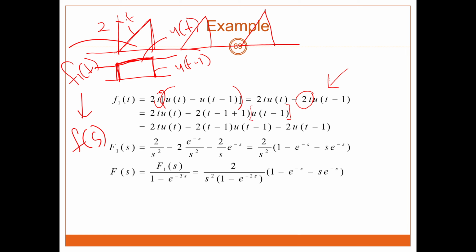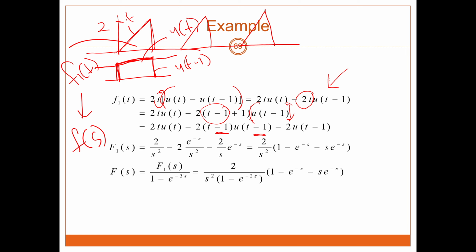We want to take this one as the same as the function u(t). So now we have 2t u(t), the original one, minus, now that we have expanded, 2(t minus 1) multiplied by u(t minus 1). You can see it's minus 1 and minus 1, so it is shifted the same as the step function u(t).